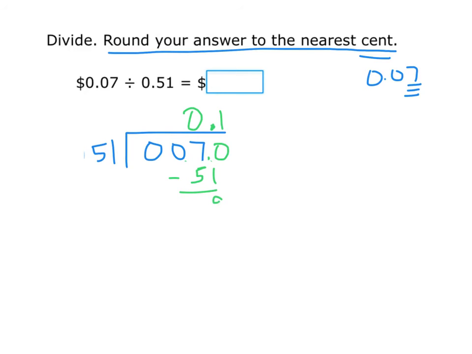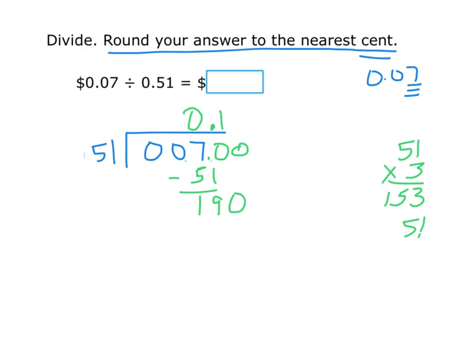This would be 19. Bring down another 0. 51 goes into 190. Well, let's try 51 times 3. 153.